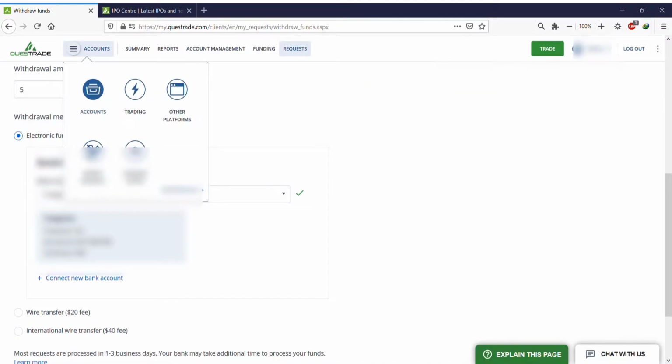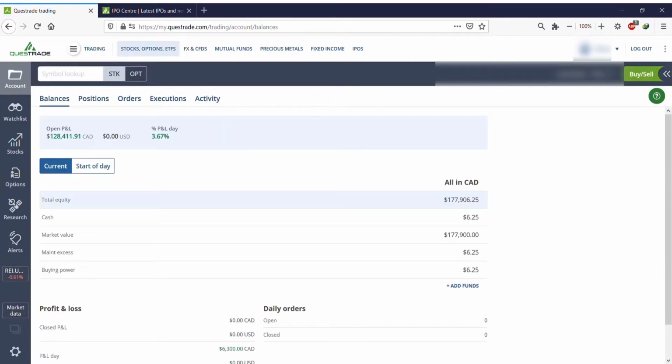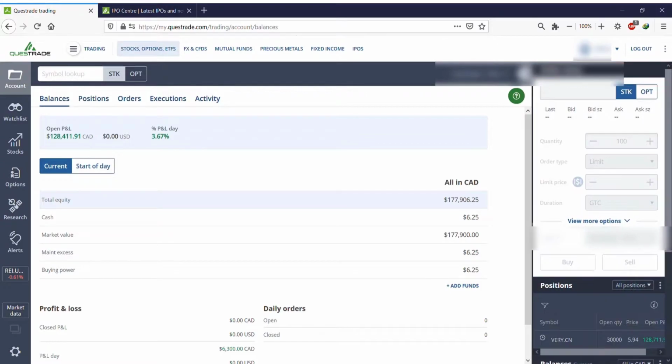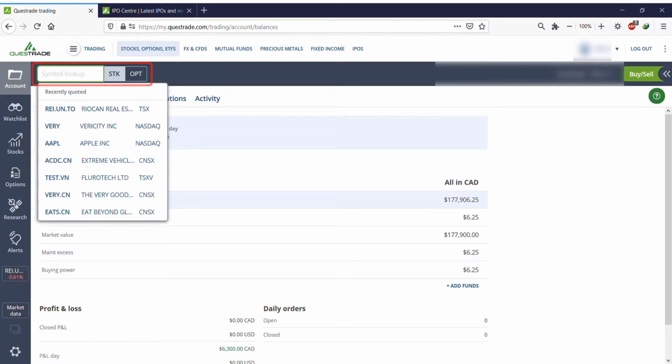Let's click on accounts and go to trading. There are two ways that you can bring up the trading page. Either you can click on buy and sell, or you can come to this search bar and type the ticker symbol of the stock that you're looking for.